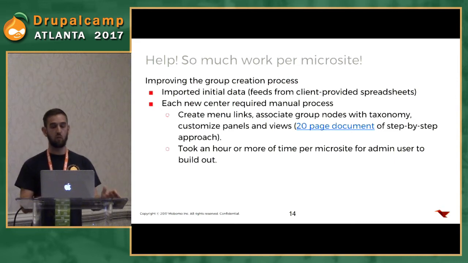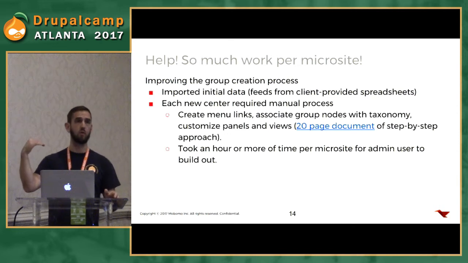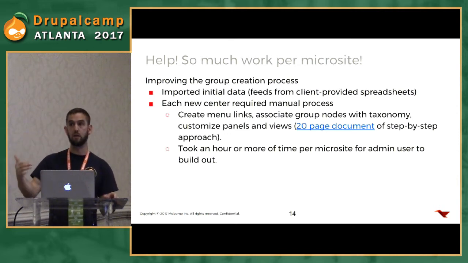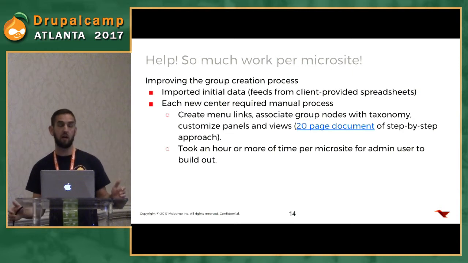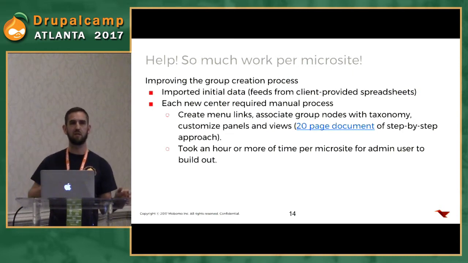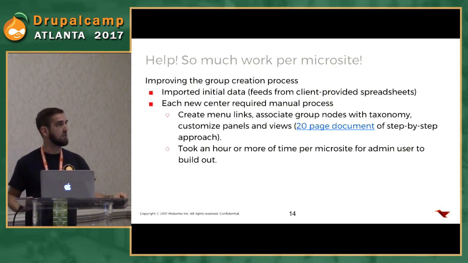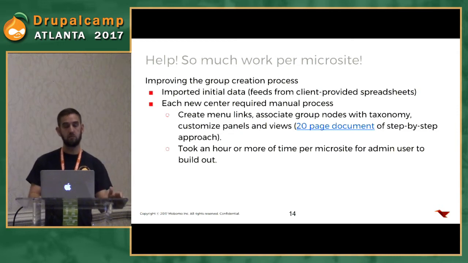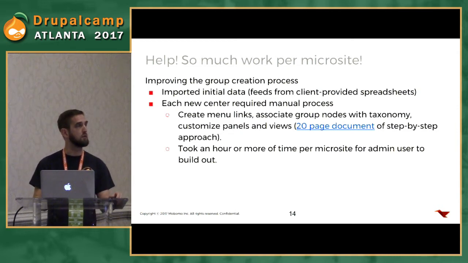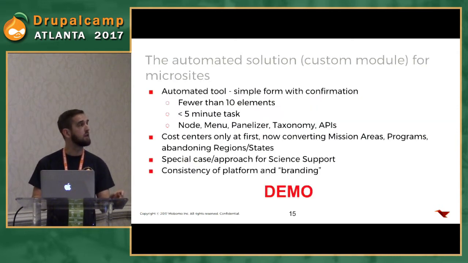Basically, we had to write a 20-page document, I'll even show it to you in a second, to step them through, step by step, how to build a new cost center, or even take one that's already there and make it live, because they're moving from their weird little subdomain world into the platform that we're working on. So it took a long time. It took about an hour, maybe more, depending on how focused you were, to build it out by hand.